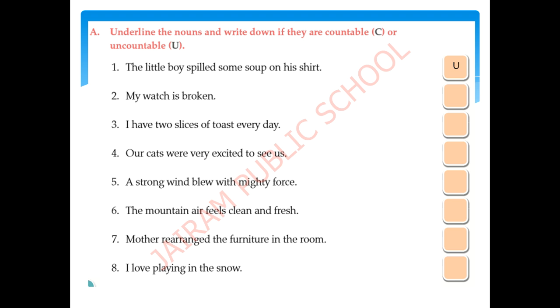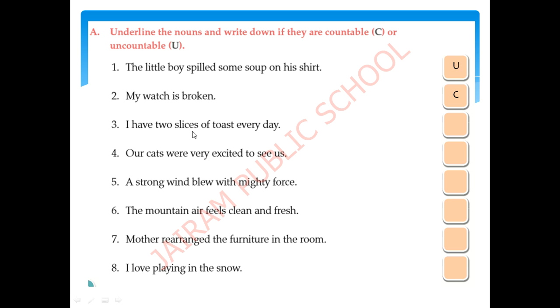The next word you have to underline is watch. Now you come up with the answer, my dear children. Whether watch is countable or uncountable? Exactly, watch is countable. Now the word you have to underline is slice. Slices of bread, we are saying, bread slice. Can you count a slice?